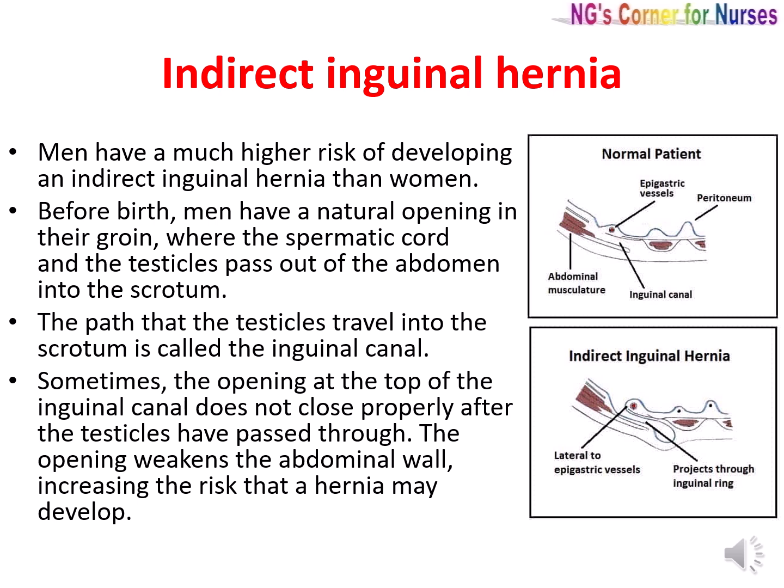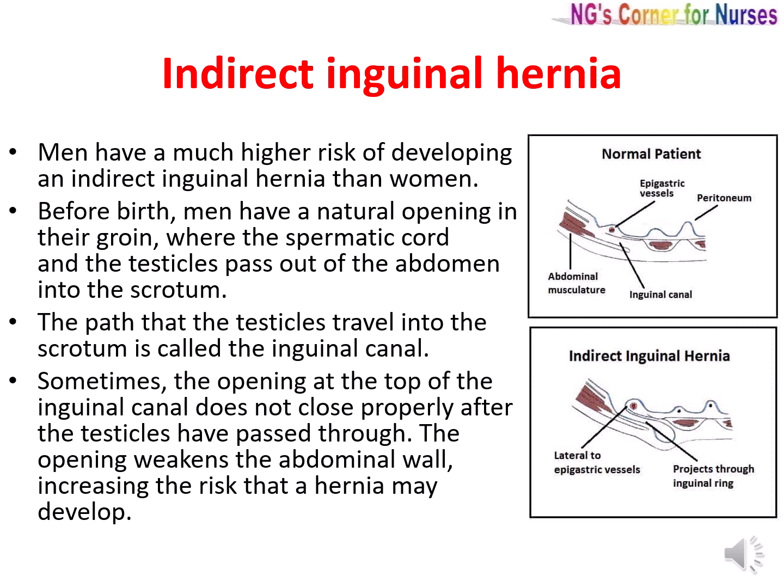Indirect inguinal hernia is more common in men than women because before birth the men have a natural opening where a spermatic cord and the testicle pass out of the abdomen into the scrotum. The path that the testicle travels into the scrotum is called the inguinal canal.